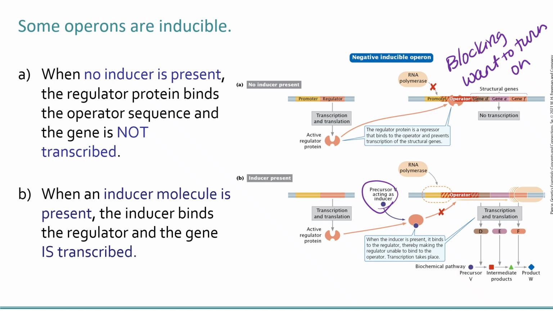So when it is bound to the operator, that regulatory protein is holding on, but when the inducer binds to it, it forces a shape change, which causes it to release the operator. And then once it releases the operator, then RNA polymerase can come in, bind to that promoter region, and then begin transcription and then translation. So as the RNA polymerase goes through the operator, it produces each of those genes.